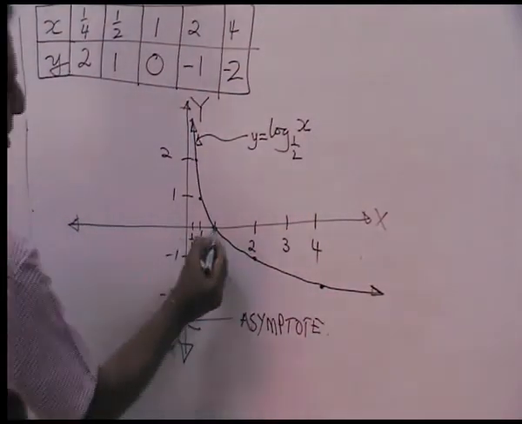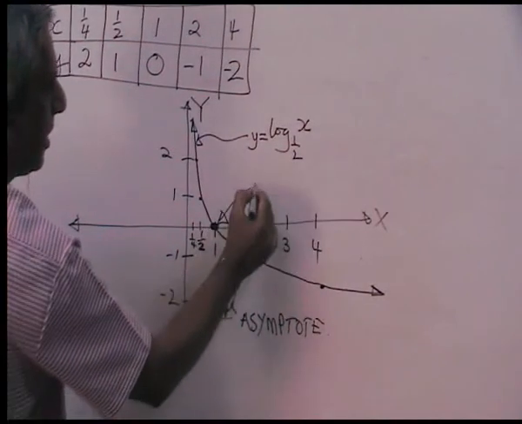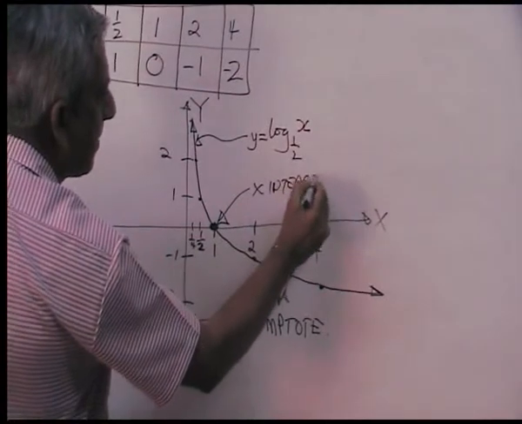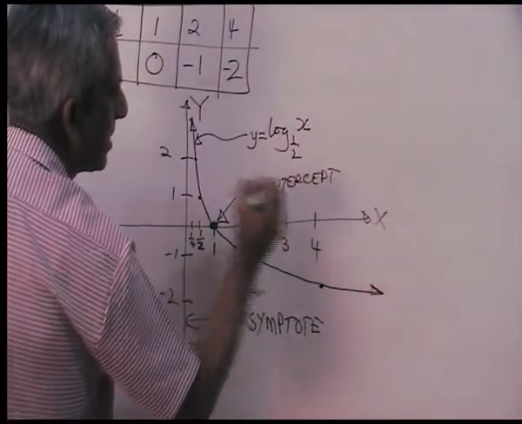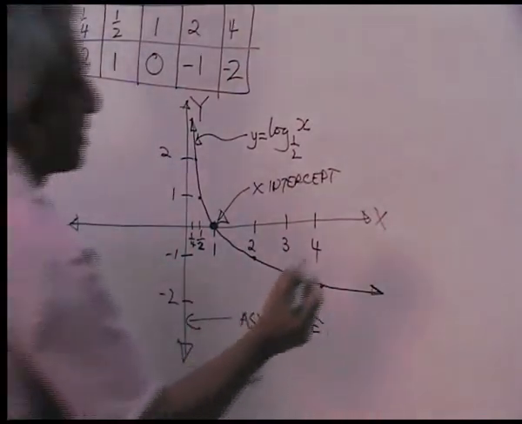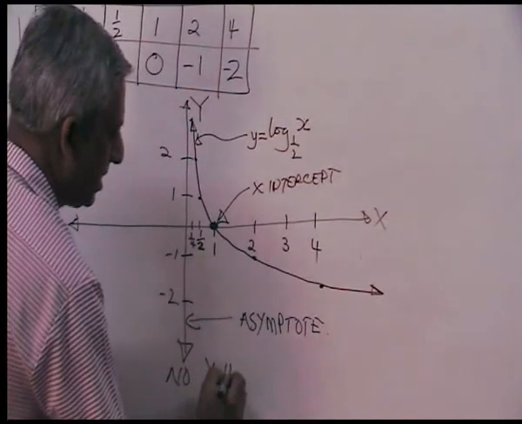It's interesting to note that this particular point here now is the x-intercept, and clearly there is no y-intercept in this graph.